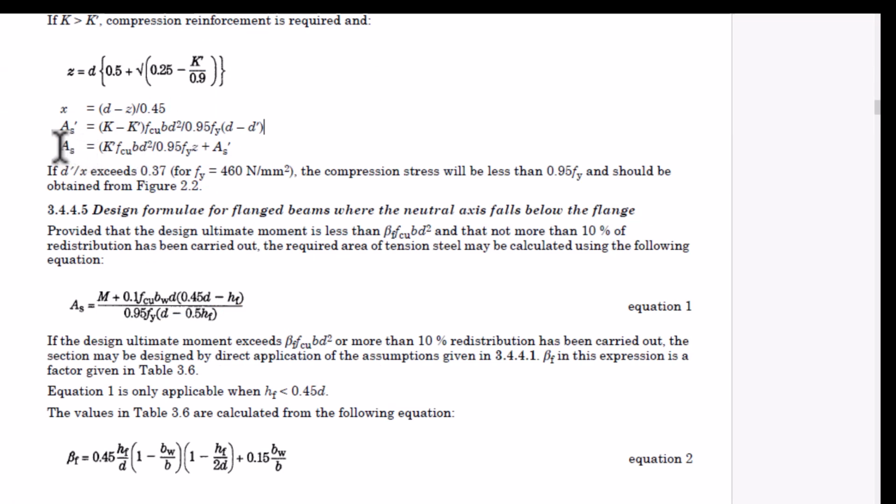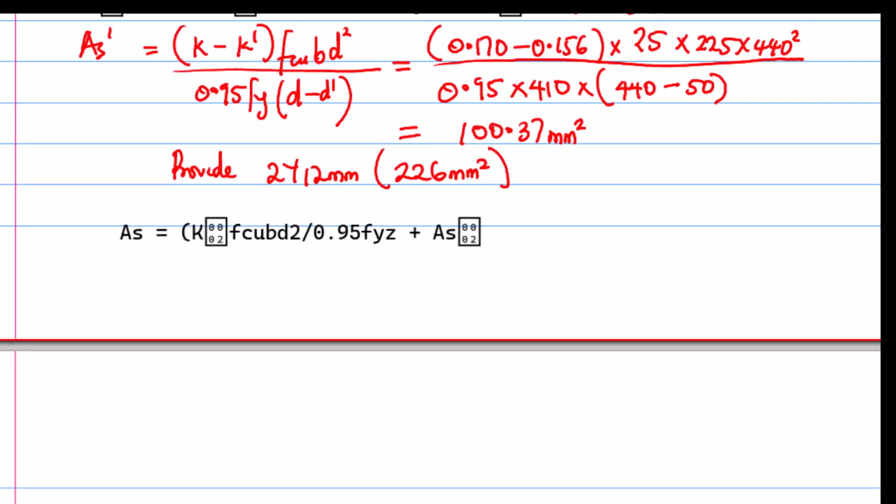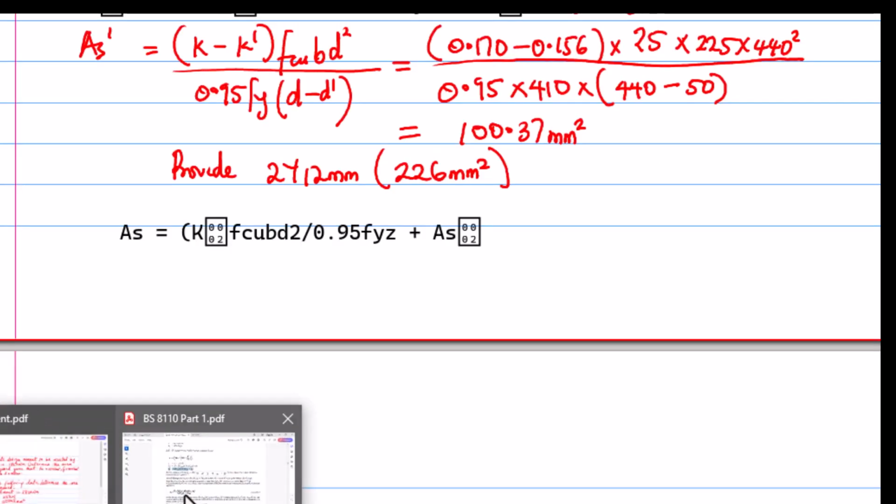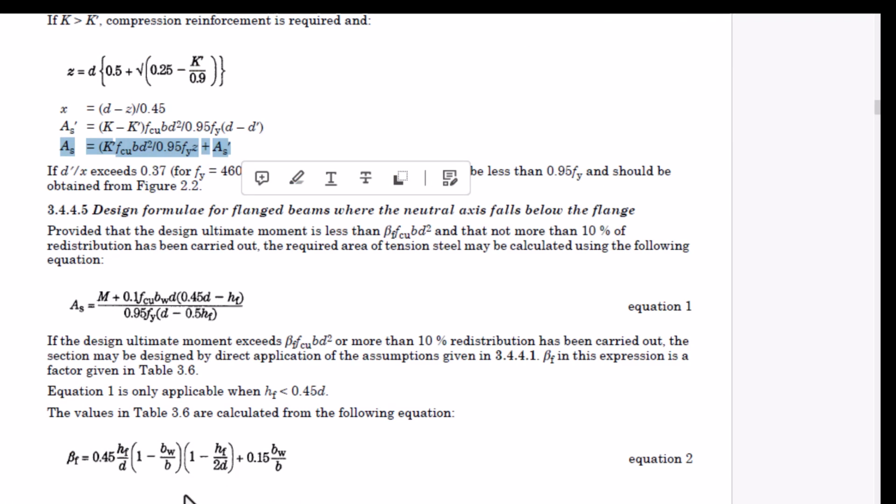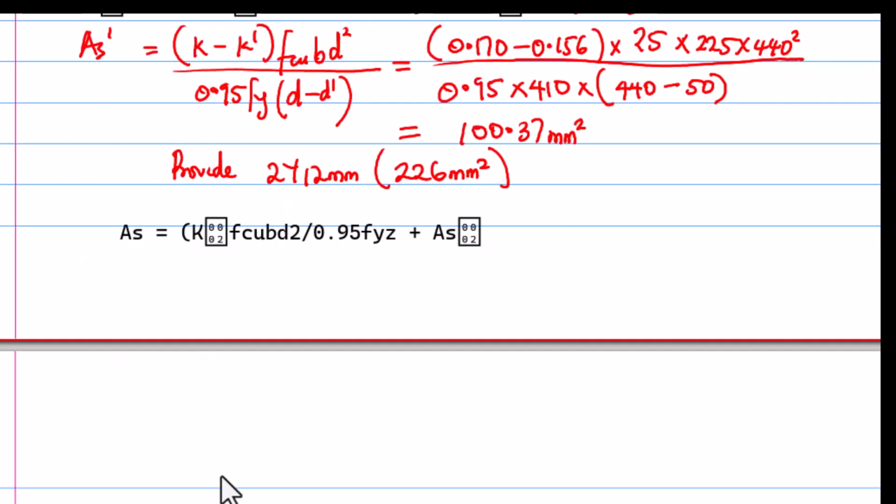Now let's go back. We've done AS prime, so we need to do that of the AS. So I'm going to copy this. So let's see for one moment again what K prime means.